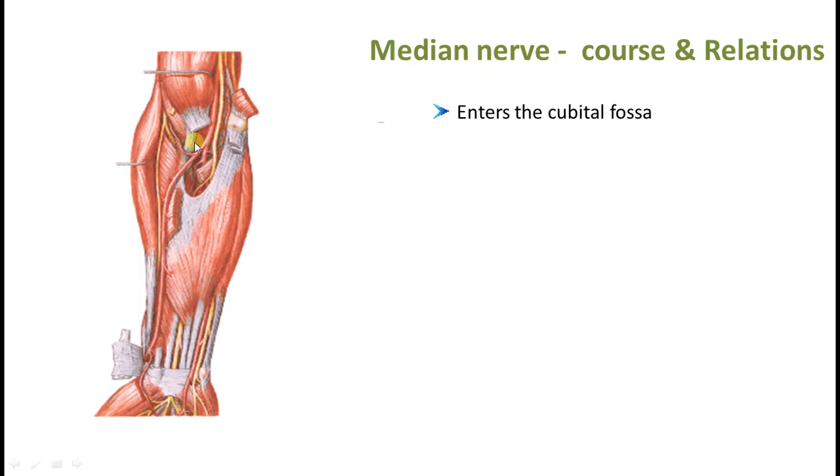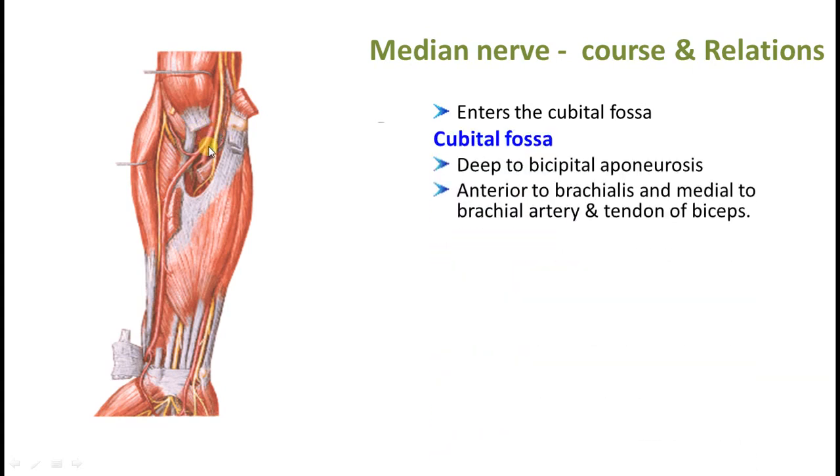Or from medial to lateral, it is the median nerve, brachial artery, and the tendon of biceps, and all these are again covered by the bicipital aponeurosis, which is actually cut here for you to appreciate the structures in the cubital fossa. So it is deep to the bicipital aponeurosis and lying in front of the brachialis muscle. As I told you, it is the medial most structure.